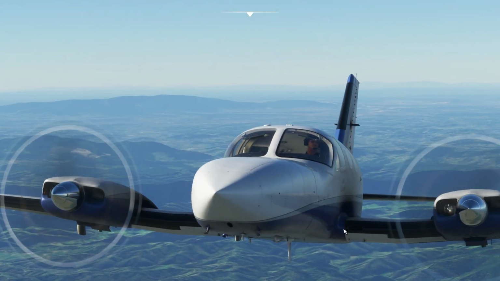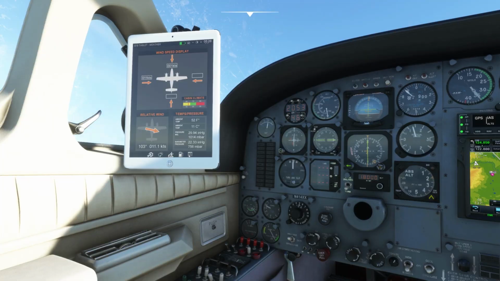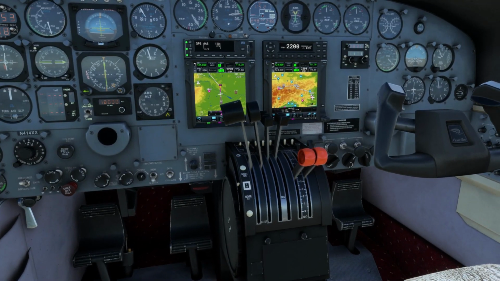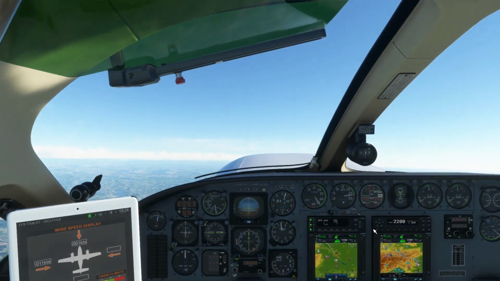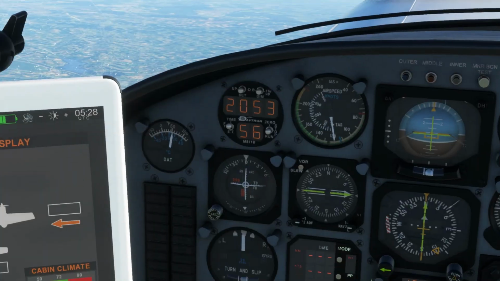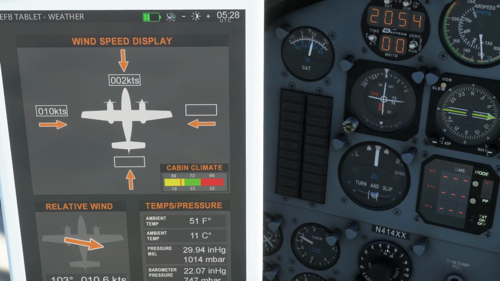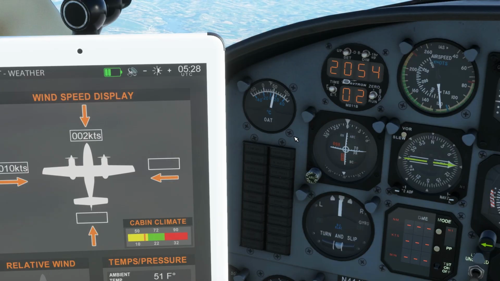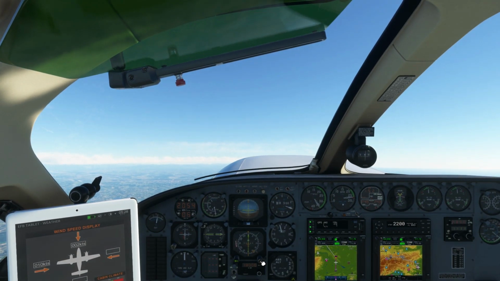So these slits should be closed a bit so that we're getting higher temperatures inside the cabin. The air outside is just 11 degrees Celsius, so it has dropped quite a bit.